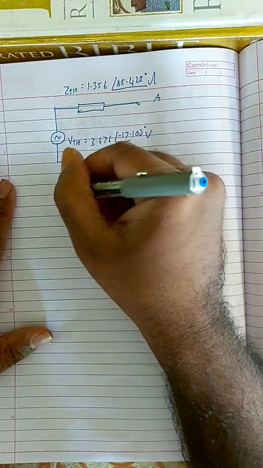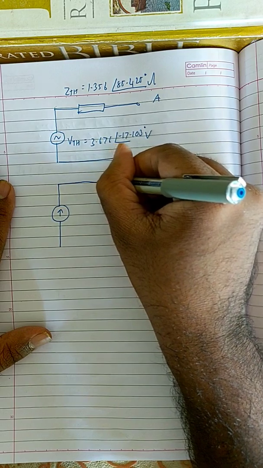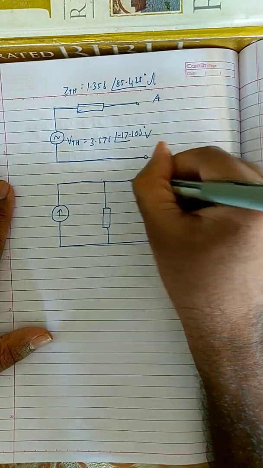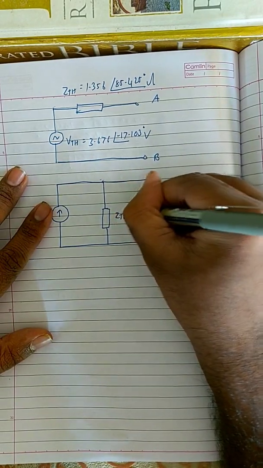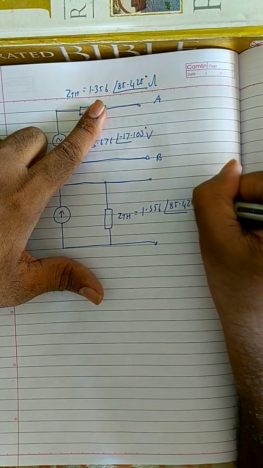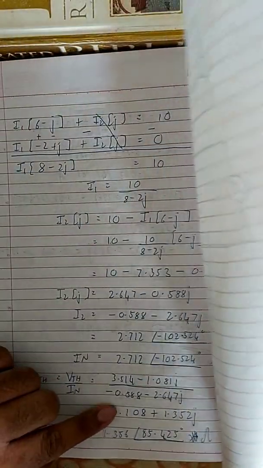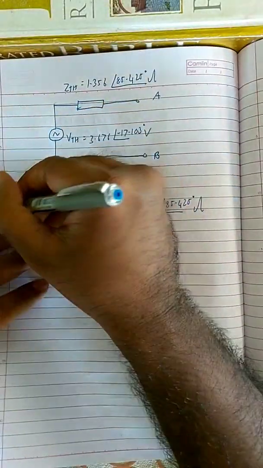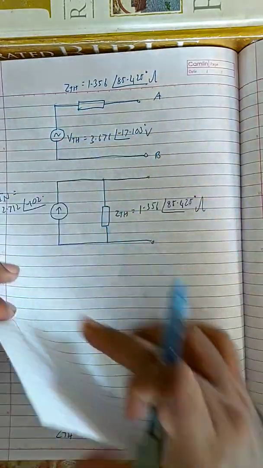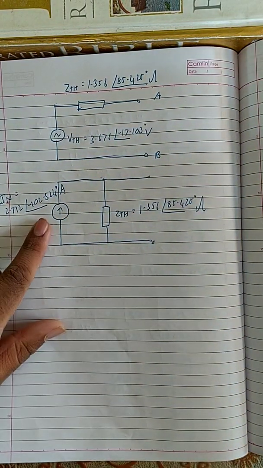This is Thevenin's equivalent, and Norton's equivalent is like this. In Norton's equivalent, ZTH is 1.356 angle 85.425 degrees ohms, and the current source IN, the Norton's current you got, is 2.712 angle minus 102.524 degrees amperes.